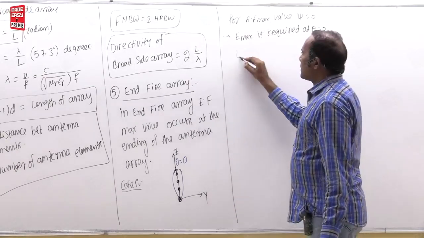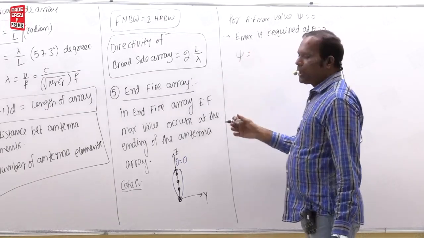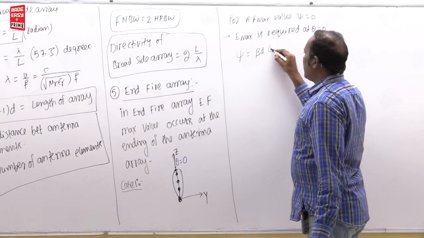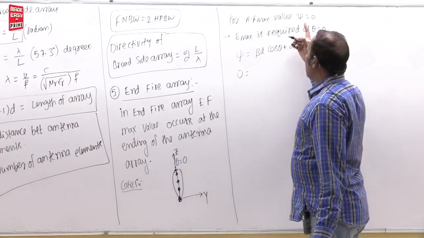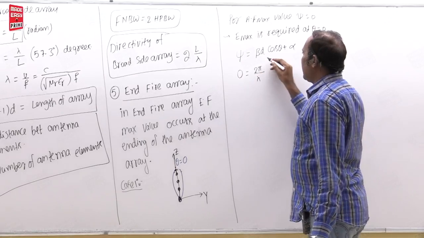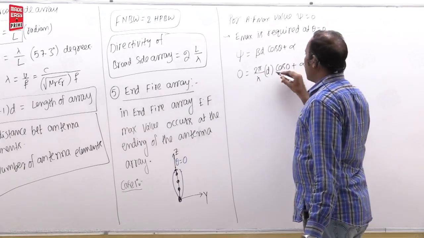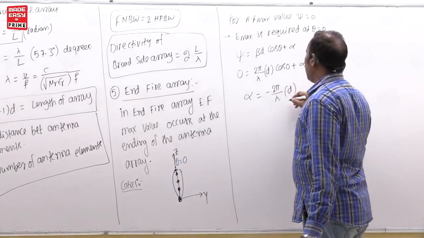Now design means you calculate the alpha value. Then psi is equal to beta d cos theta plus alpha is the general equation. Psi 0 is required for array factor maximum. Then 2 pi by lambda into d, then cos 0 plus alpha. Cos 0 is 1. So alpha is equal to minus 2 pi by lambda into d.